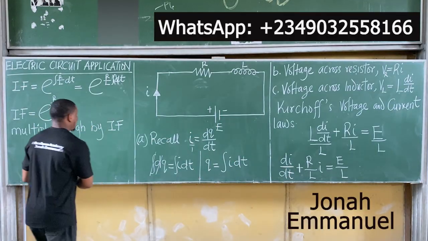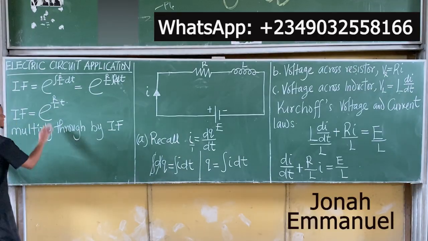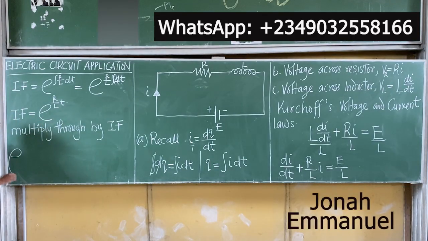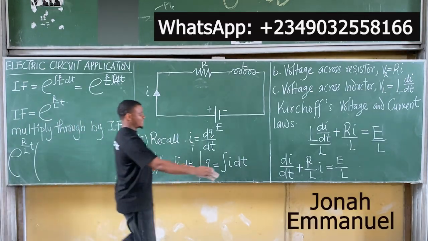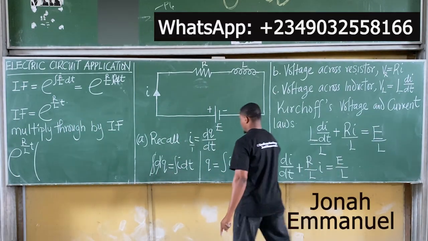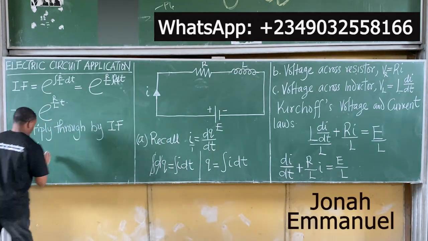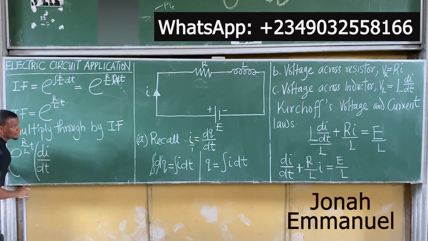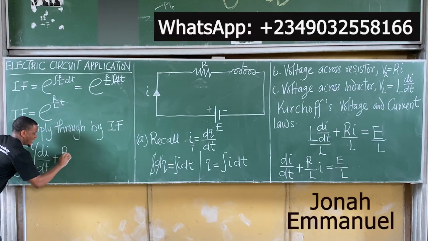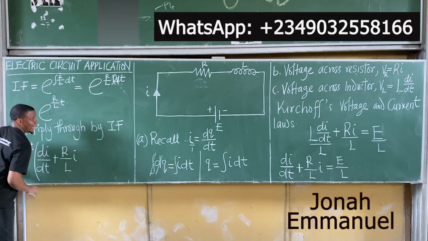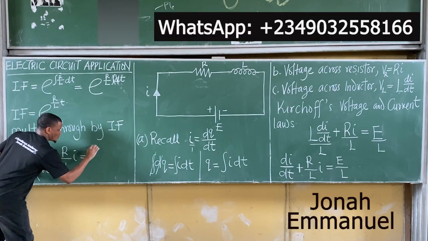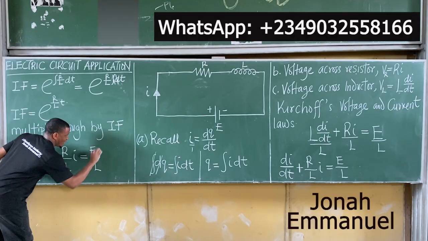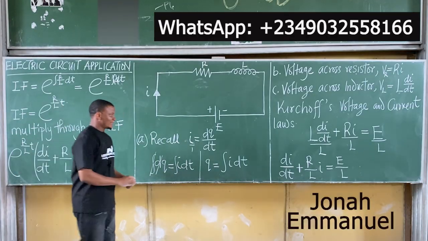We are here. Let's multiply through. So it's simply exponential R over L t multiplying all of this: dI/dt plus R over L I is equal to what there? E over L. You have this.